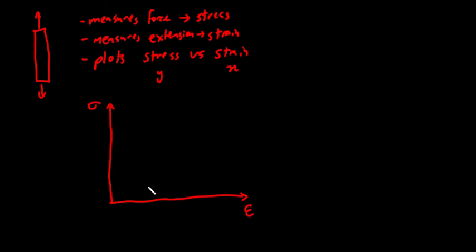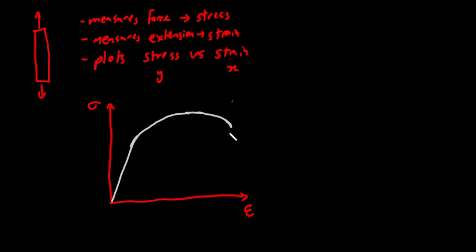Okay, so first what you notice of materials is that it starts exhibiting this straight line feature. Then it starts going into a rounder curve, and then it starts reaching a peak, and then it just drastically stops.